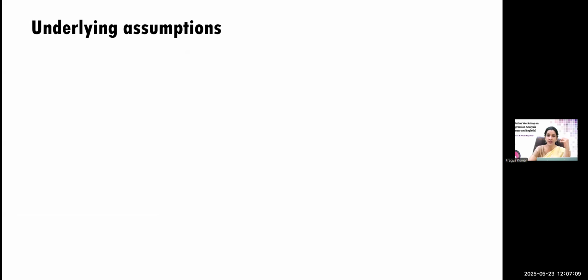This is a little different from the variances we looked at in the independent sample t-test and ANOVA. Here it is not one variable. In one-way ANOVA or in the independent sample t-test, we were only seeing, for example, if I am measuring the SBP in male and female, there was only one variable.